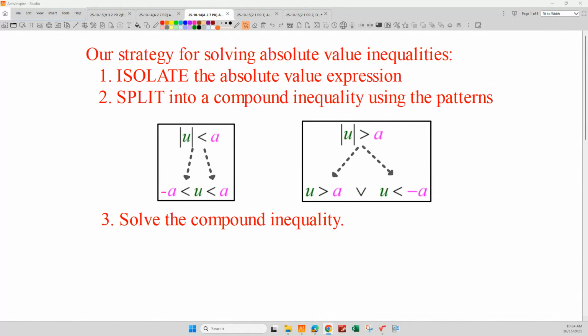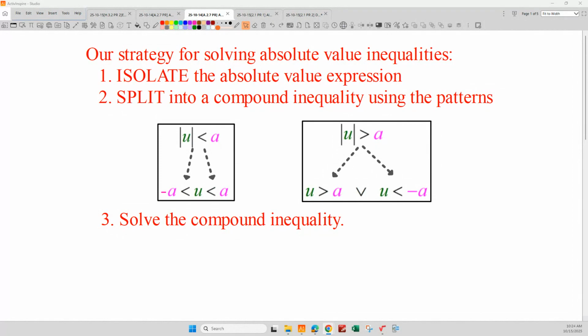And remember our patterns. If we have an isolated absolute value that's less than some number, and remember, what does that U stand for, by the way? It represents everything that's contained inside the absolute value. It might be complicated, like 2x plus 3 or something. But whatever's inside, in this case, is going to flip into an and inequality, right?